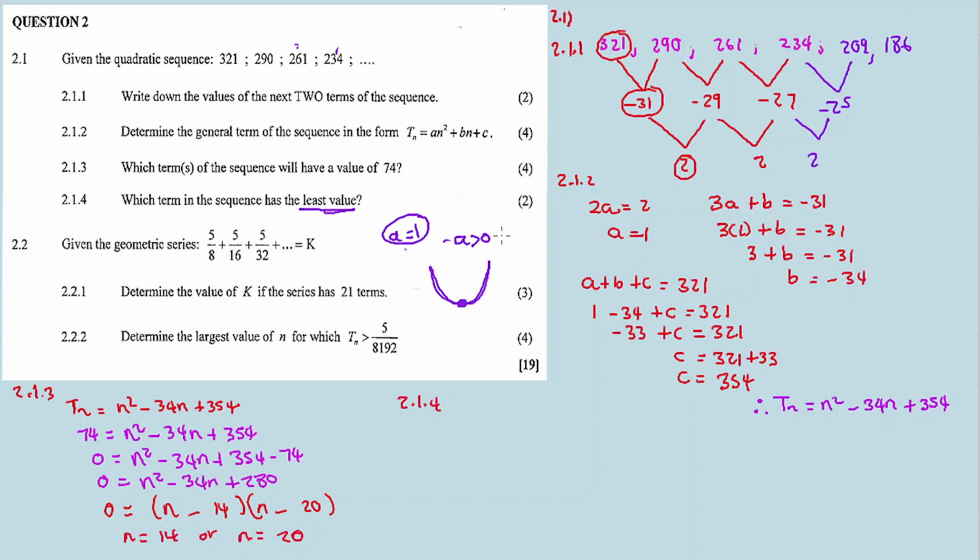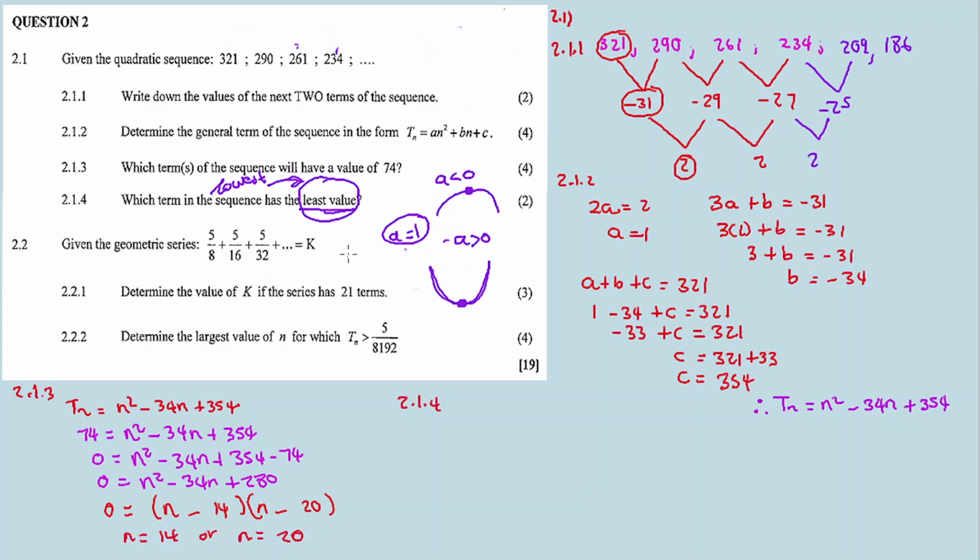If a is less than 0, you get a maximum turning point. But which term in the sequence has the least value? Least, lowest, minimum, they mean the same thing.